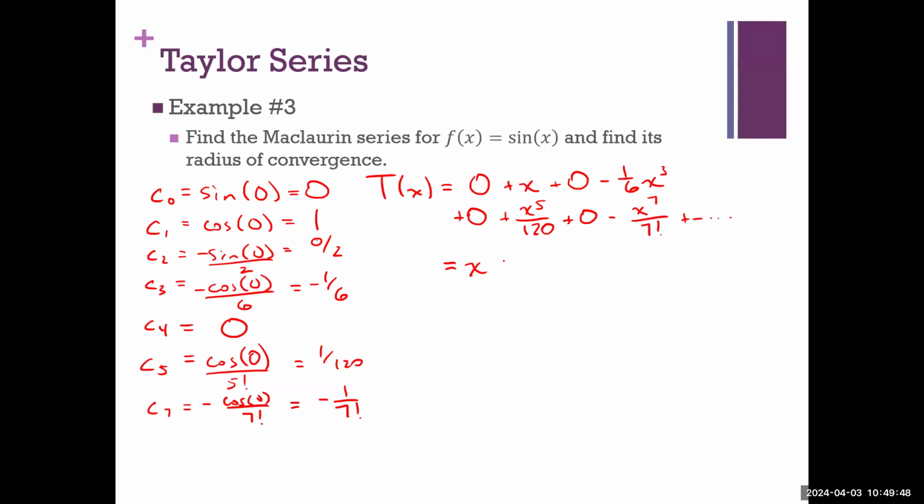So x minus x cubed over 6 plus x to the 5th over 120 minus x to the 7th over 7 factorial. All right, so can we generalize here? Negative 1 to the n minus 1. Why n minus 1 and not just n? The first term needs to be positive.